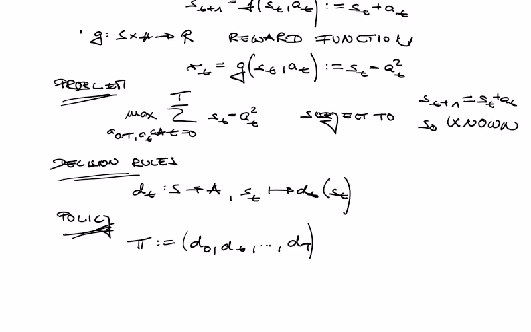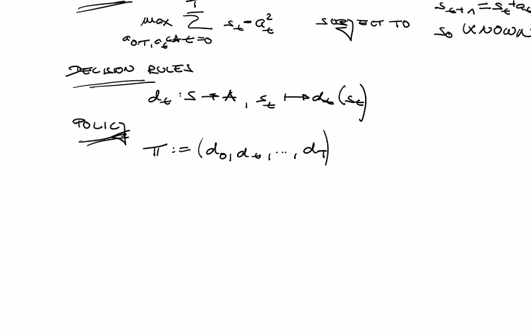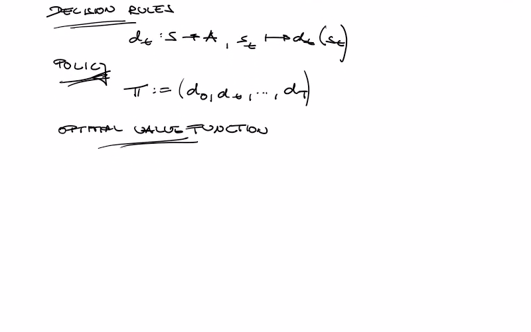And then we did the optimal value functions, which were defined as V_t(s_t), max over a_t to a_T.